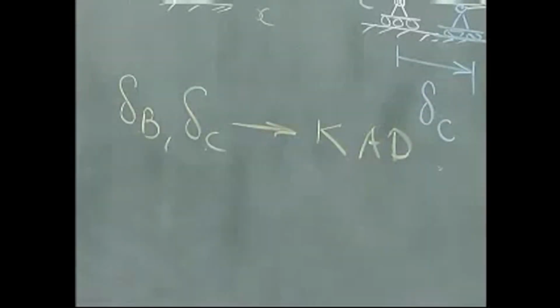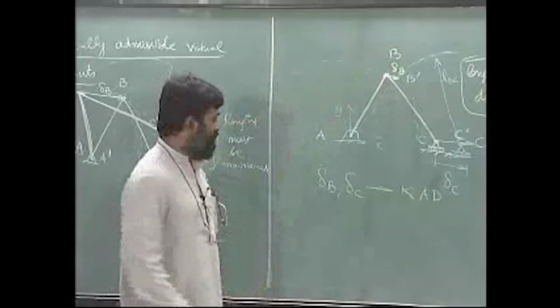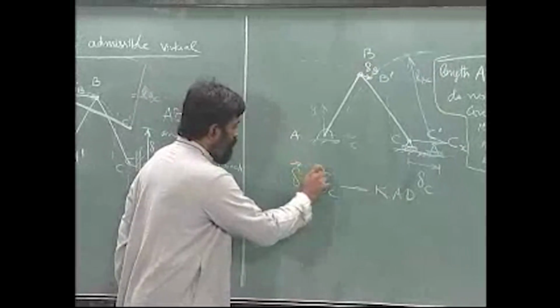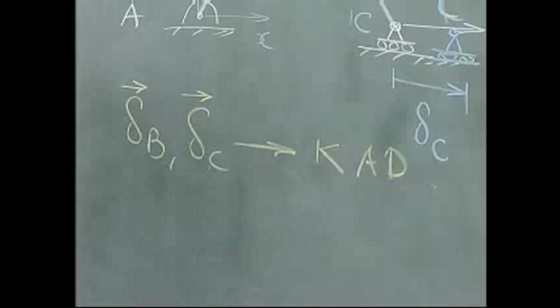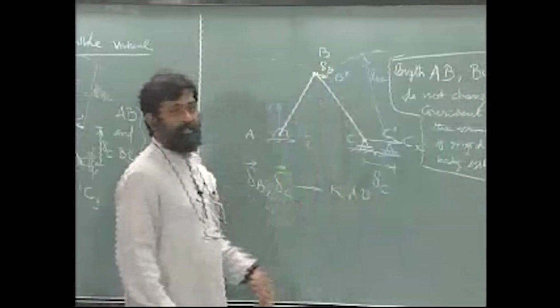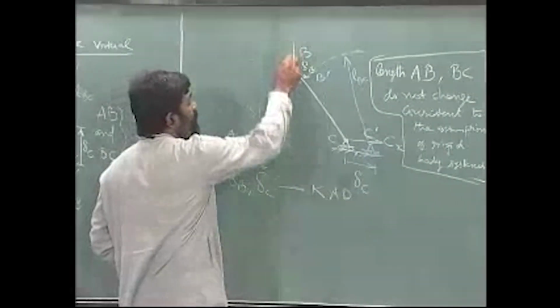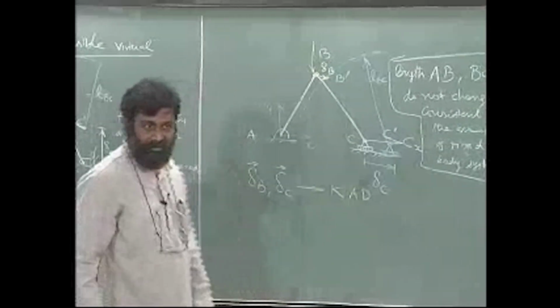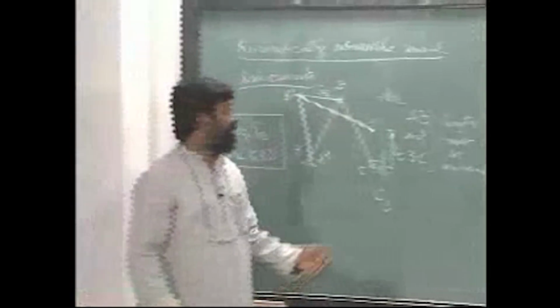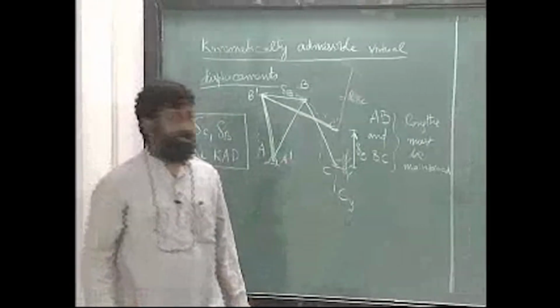If I apply a delta C, I should get the delta B as denoted here. It is better to denote them as vectors so that you are clear about the direction, and if I have a force acting on it, I will take the appropriate dot product of it, okay. After all, work is nothing but force dotted with displacement.